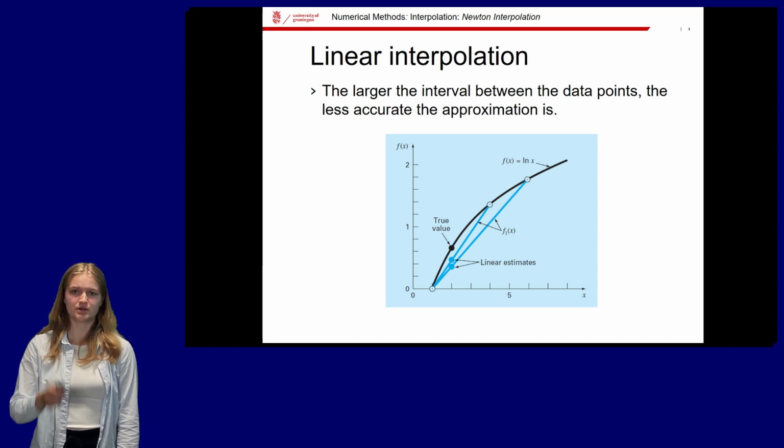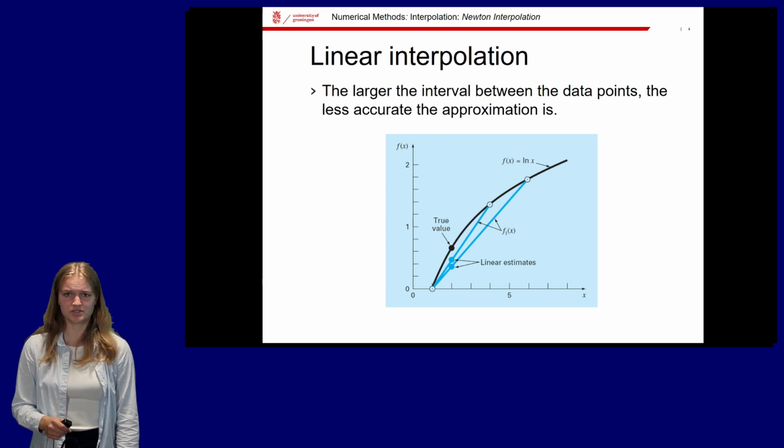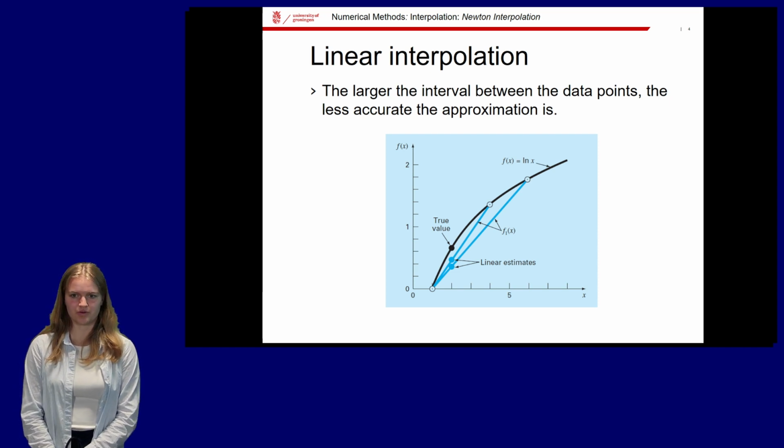And we have two estimates for the polynomial f1 of x, and they differ in the distance between the two data points that are used. And you can see that as the interval between the data points becomes smaller, your polynomial is going to be closer to the actual function, and therefore your interpolating value is going to be closer to the true value.